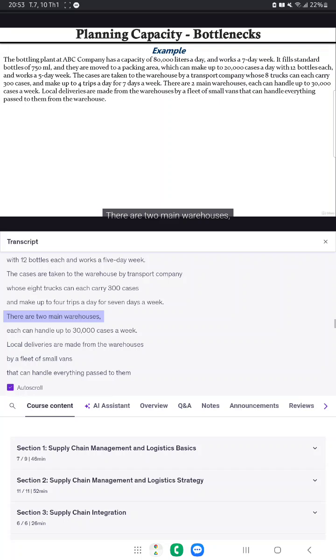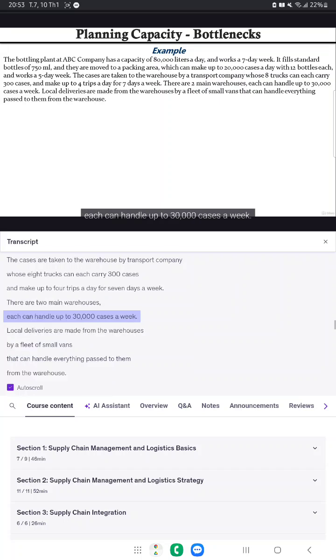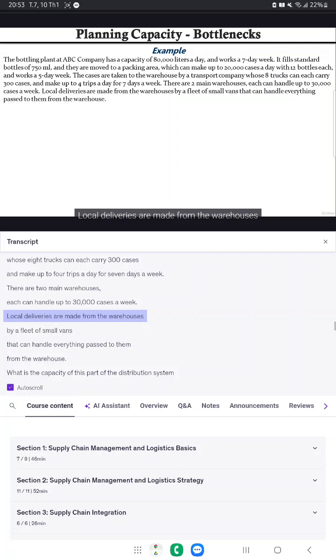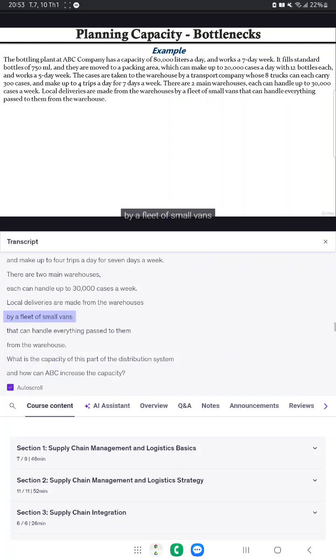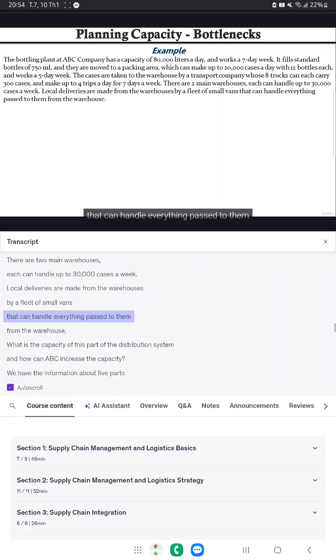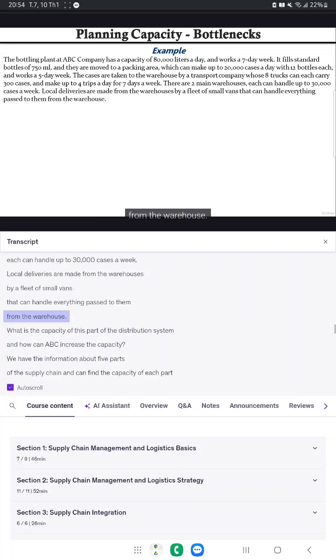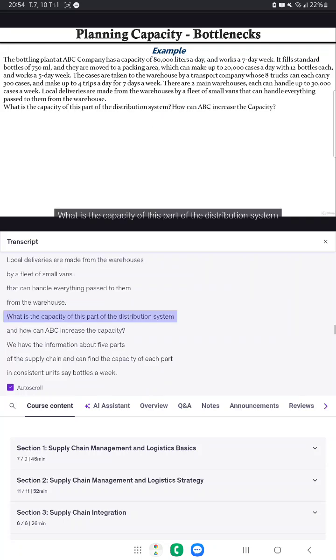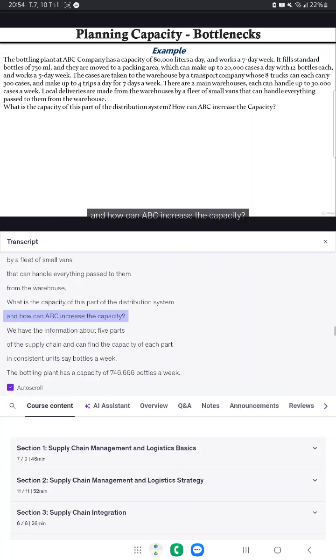There are 2 main warehouses, each can handle up to 30,000 cases a week. Local deliveries are made from the warehouses by a fleet of small vans that can handle everything passed to them from the warehouse. What is the capacity of this part of the distribution system, and how can ABC increase this capacity?